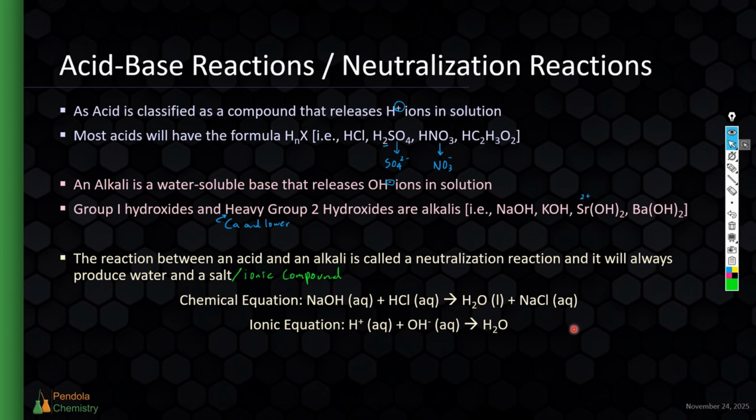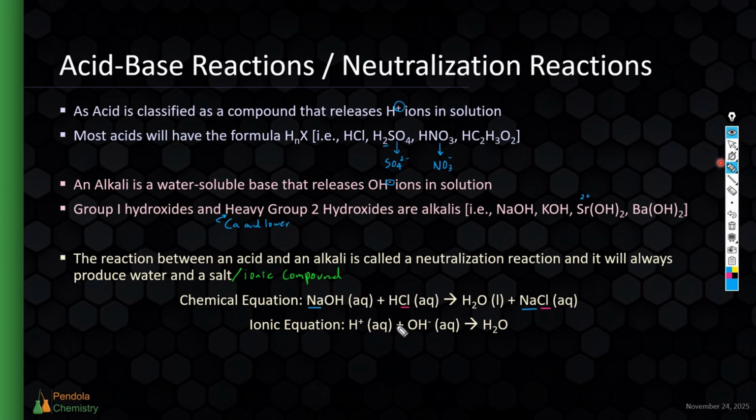The other product is simply the combination of the cation from the base, in this case because it's sodium hydroxide, the sodium, and the anion from the acid, which in this case, because we're using hydrochloric acid, is chlorine. So we get that Cl and that sodium coming together and making the compound sodium chloride. Of course, you do need to take into account the charges.